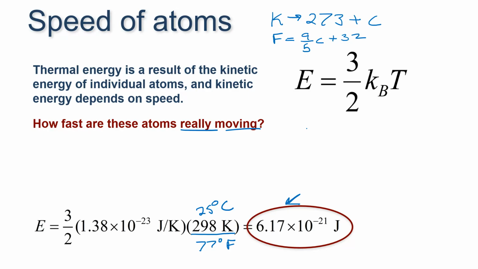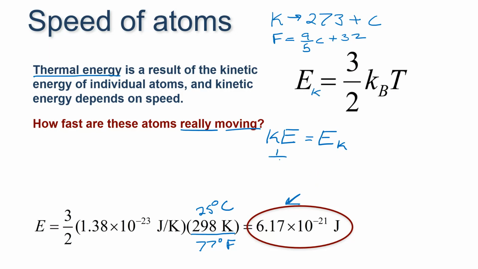So what I've calculated is that this is the average kinetic energy. This is the thermal energy, but it's also the average kinetic energy. While the kinetic energy depends on speed. So remember that your kinetic energy can be equal to, because energy just gets transferred to our thermal energy.